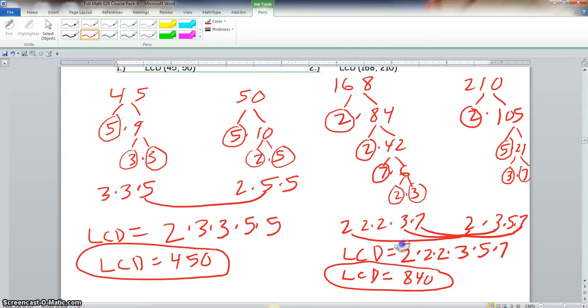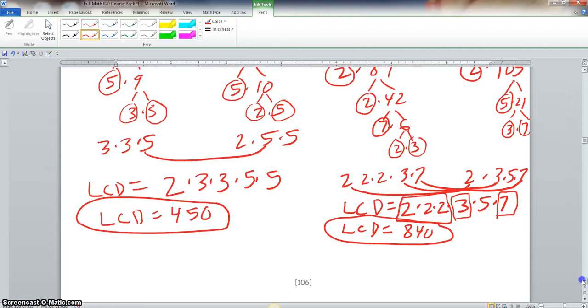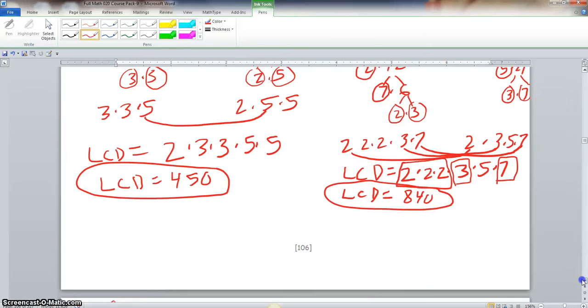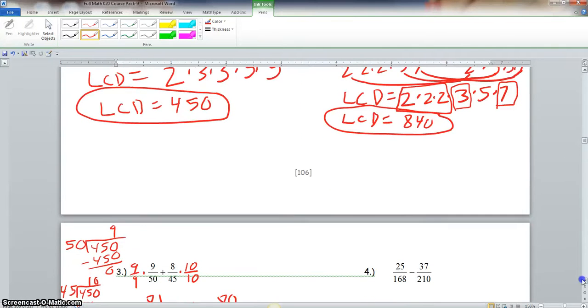We had 3 2s, which we need to get rid of. And we also had a 3 and a 7. So what number is left? You're right, 5. So 5 is what we need to multiply our numerator and denominator by. So let me go ahead and write this here.